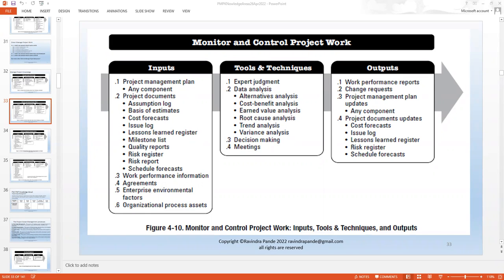There are various other entities we devise through this earned value analysis. Okay, let me play that video and we'll understand how earned value analysis can help us out.